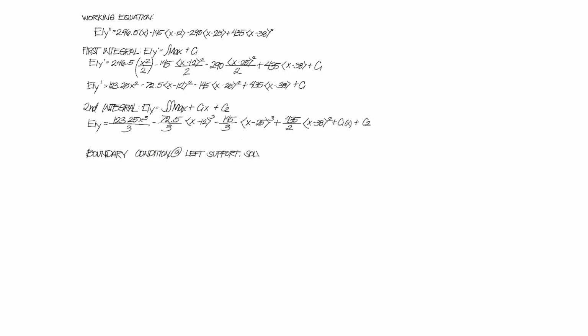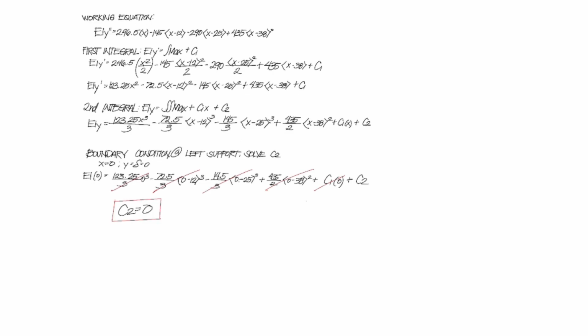Moving on, in getting the boundary conditions at the left support, x will be 0 since there is no distance in the left support, and same as the y, there is no distance upward. Then, you need to substitute all x to 0. C2 will then be equal to 0 since everything will be a negative, like 0 minus 12. It will be cancelled out.